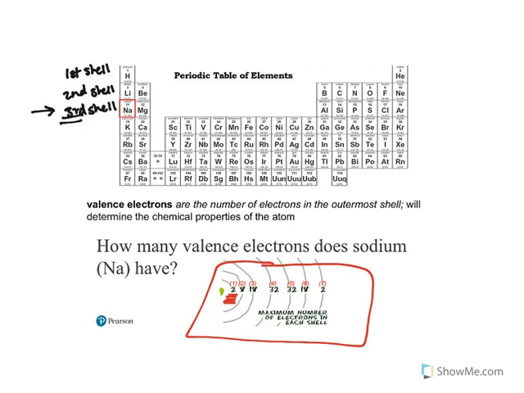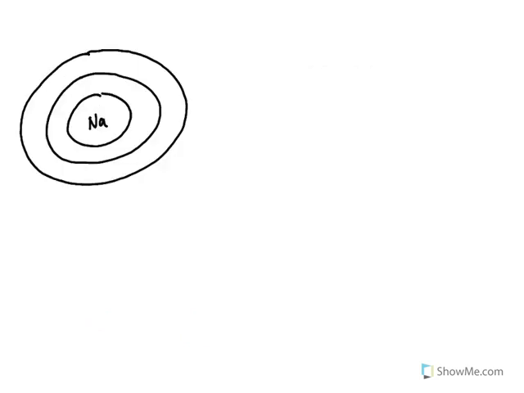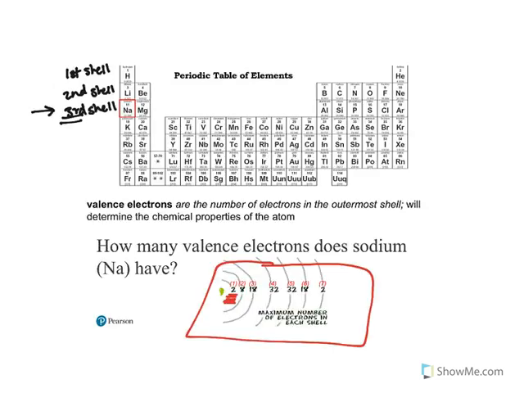So this is my first shell right here, the one that's closest to the nucleus. I'll start with that one. That's shell number 1. Never start at the outside one. That's a different shell. The first shell is the one closest to the nucleus. And again, it holds a maximum of 2 electrons.